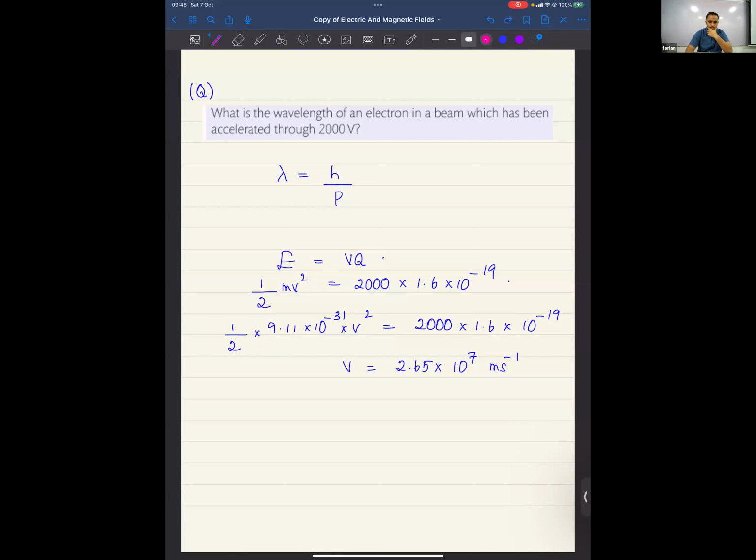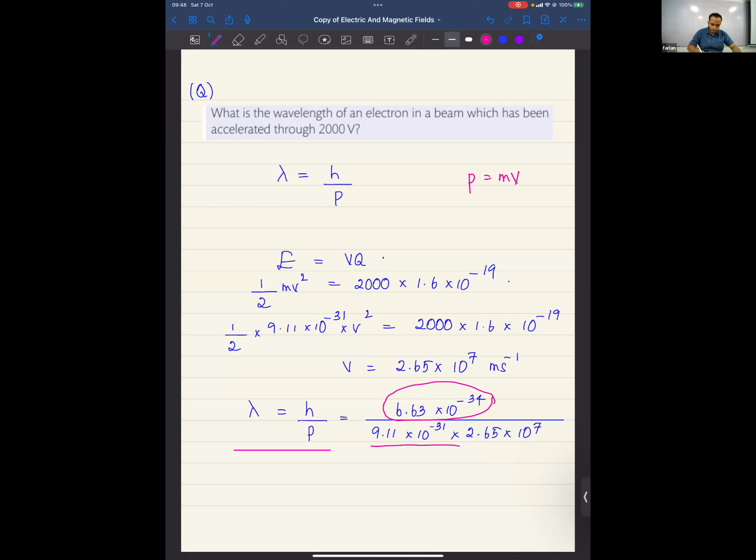Fine. Then the momentum of the electron is mass into velocity. Momentum is p equals mass into velocity, right? So by using that, lambda is given by h over p. h is the Planck constant, which is 6.63 into 10 to the power minus 34, over the momentum. Momentum is mass into velocity.